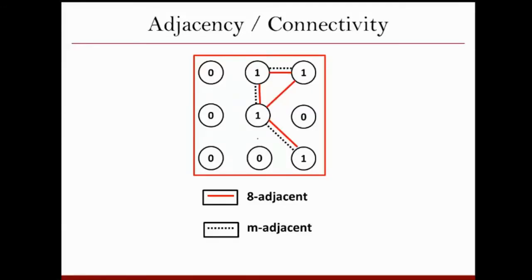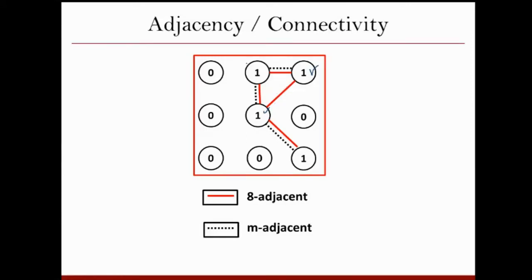Now in this example, wherever you have put a red point, those pixels are 8 adjacent. But wherever the dot is there, they are not 8 adjacent, they are m adjacent. And see, we have not considered this point and this point m adjacent, because this dotted line is not there.